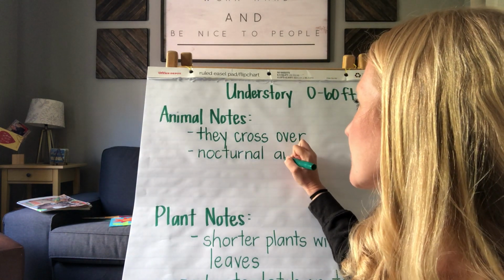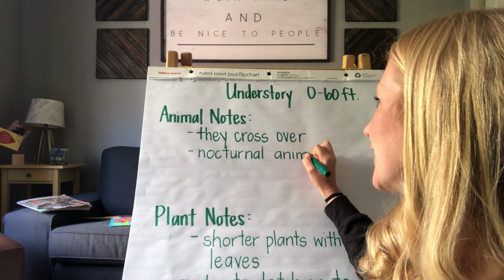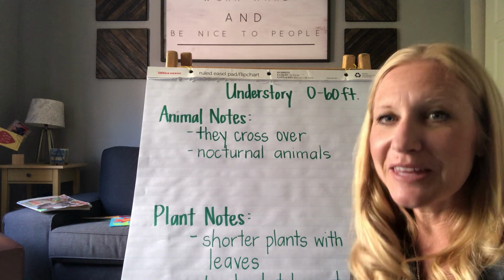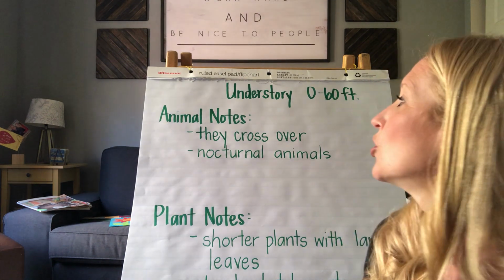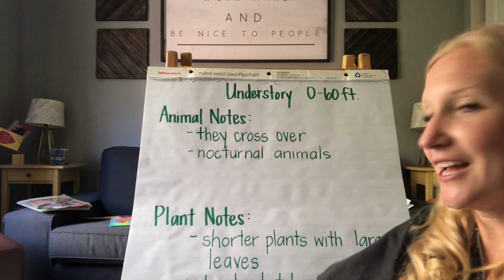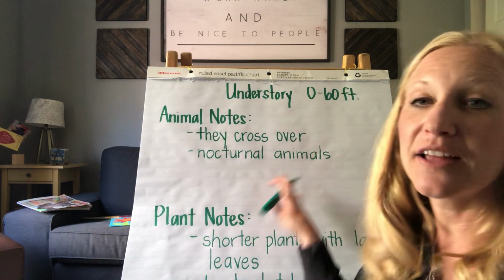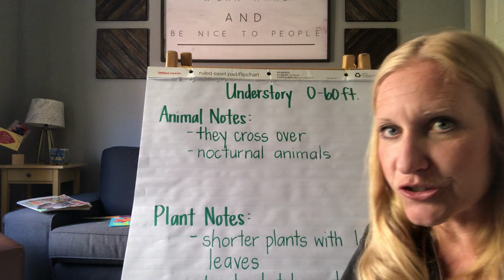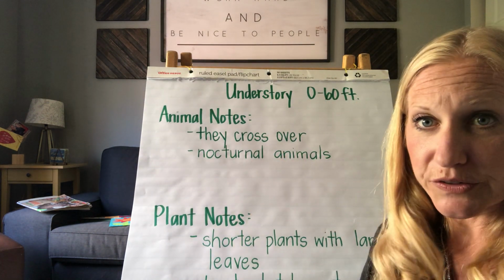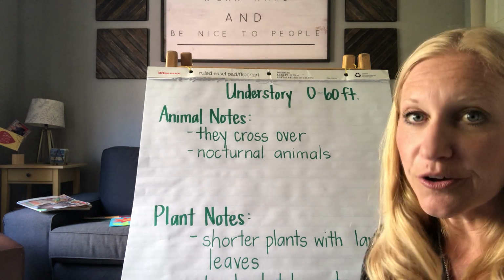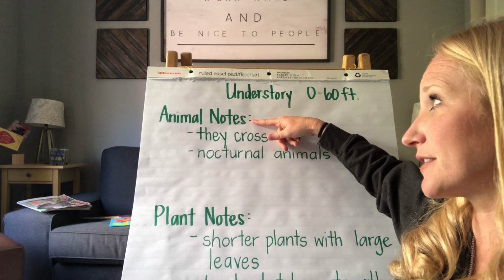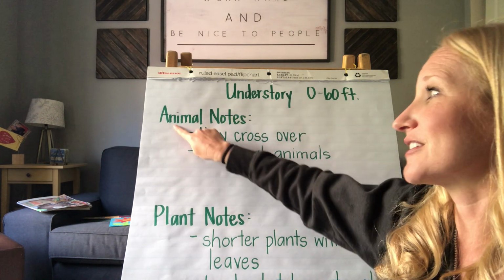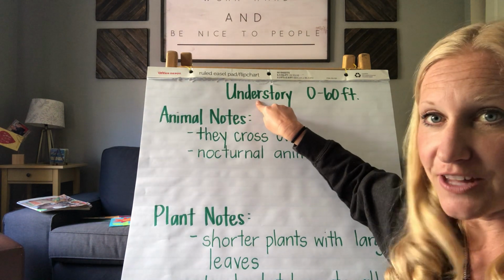Now, if I just walked up to you and said nocturnal animals, you would think I was crazy. You would say, Mrs. Mickey, what are you talking about, nocturnal animals? Well, on a note-taking guide, writing just nocturnal animals makes sense, because if your mom or dad came in right now and asked you, why did you write nocturnal animals? Well, you could say, oh, because these are my animal notes about the understory. So nocturnal animals are the types of animals that live in the understory.